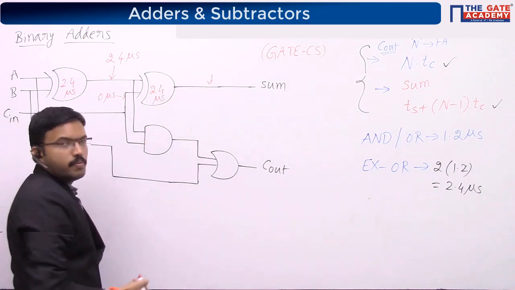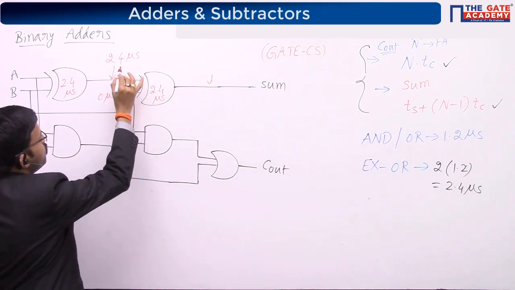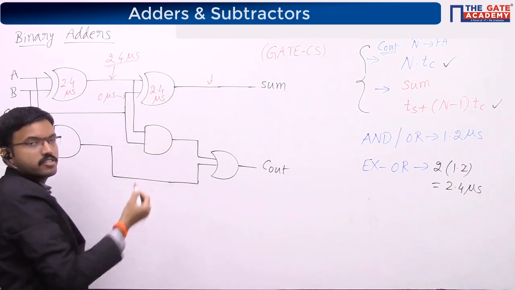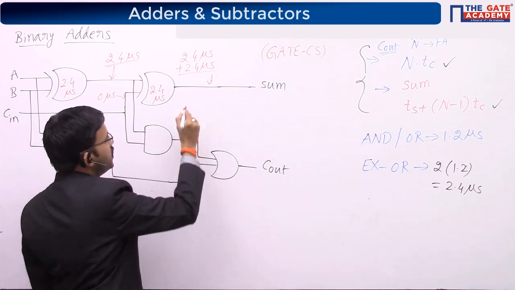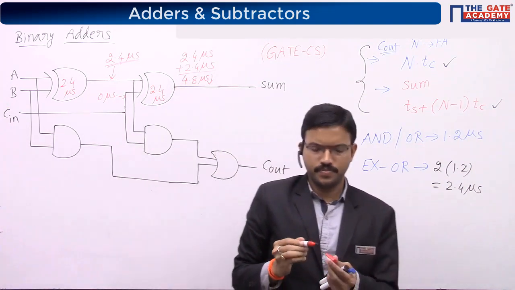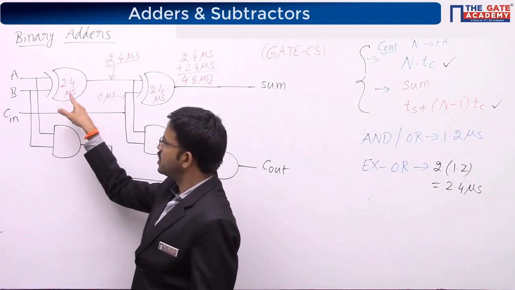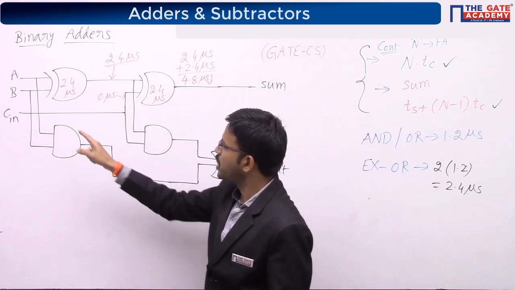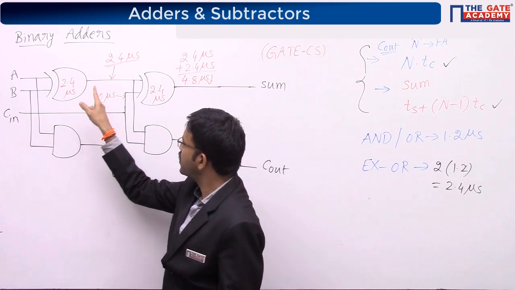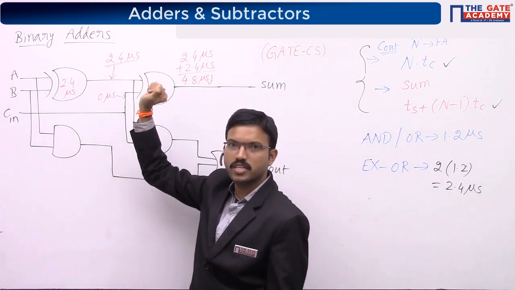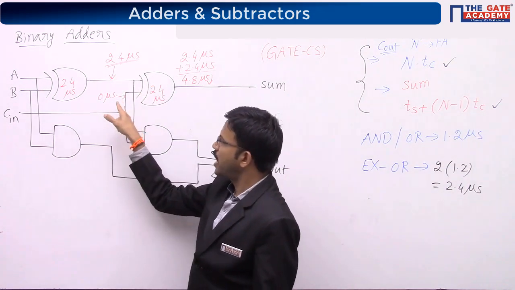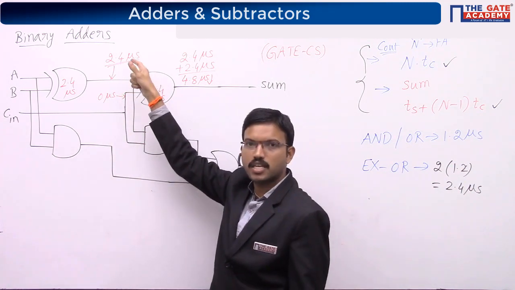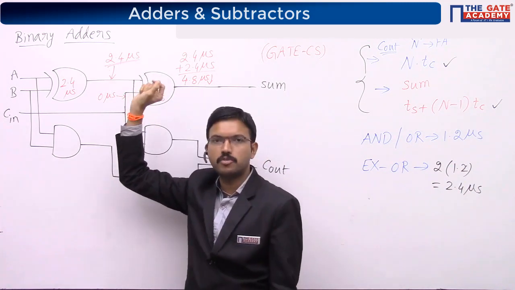Now this particular exclusive OR gate itself has the same 2.4 microsecond delay. So this output will be valid if I consider this particular delay, right? So 2.4 plus 2.4, that is 4.8 microseconds. Is it clear? This particular exclusive OR gate requires 2.4, similarly this exclusive OR gate also requires 2.4. I have given direct inputs, I am getting the output at 2.4 microseconds. The other input I am getting at 0 microsecond only, but among these two, this is taking some time, so I have to consider this particular amount of time.